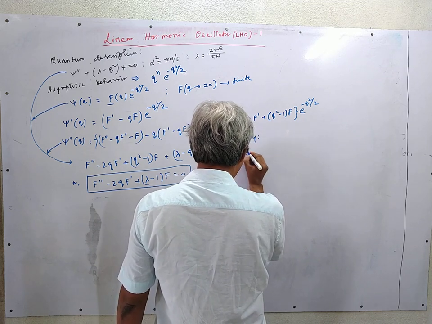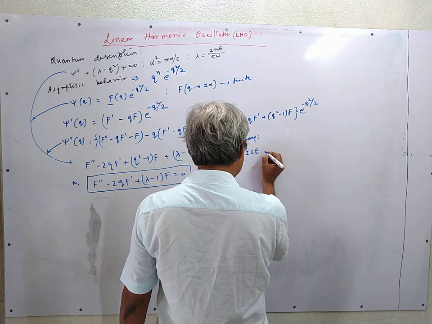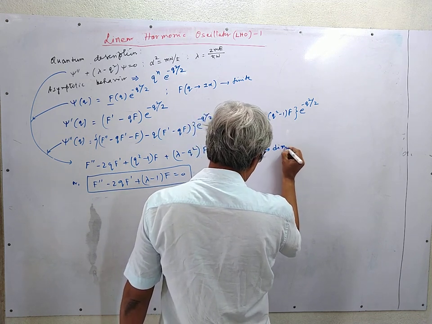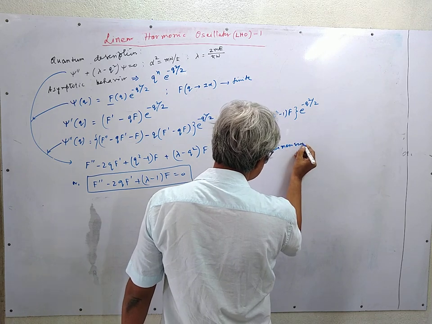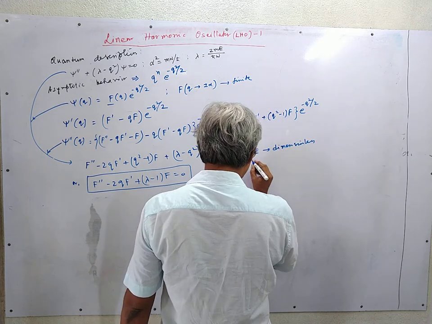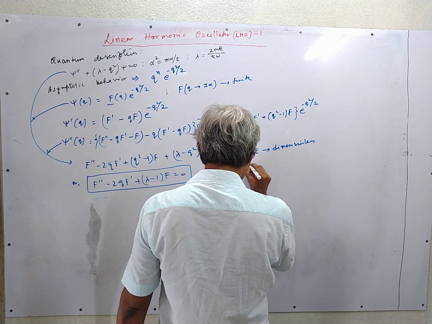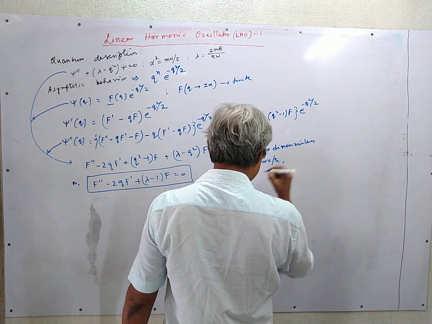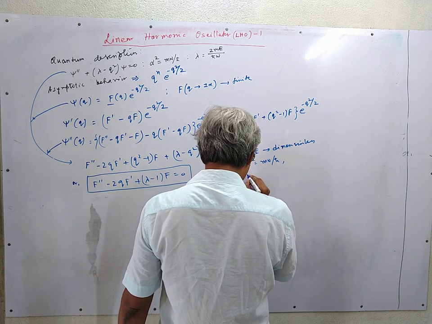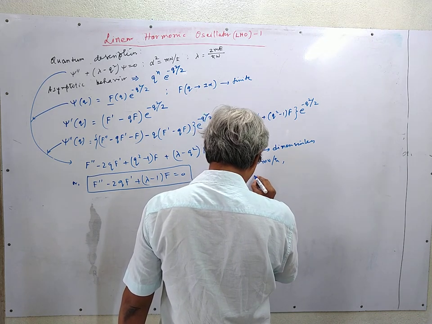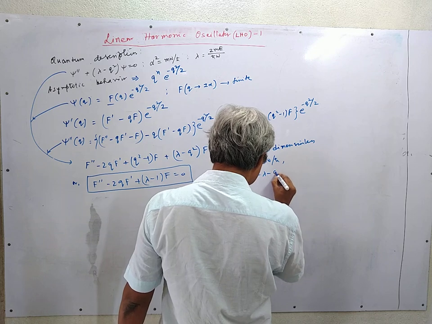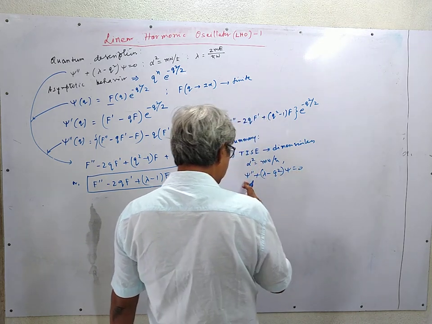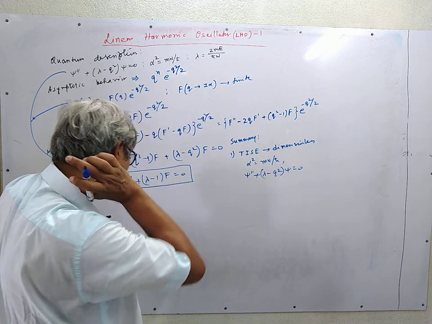First, the time independent Schrodinger equation has been made dimensionless through the introduction of the parameter alpha square is m omega by h bar, so that the differential equation becomes this, with the condition that psi goes to 0 asymptotically.